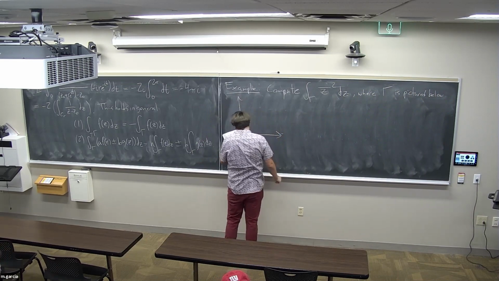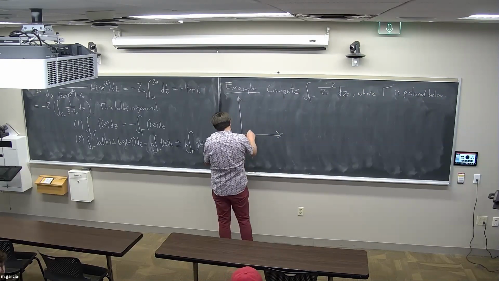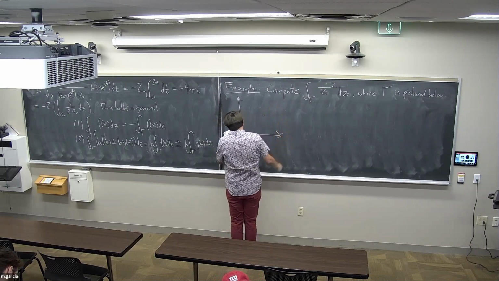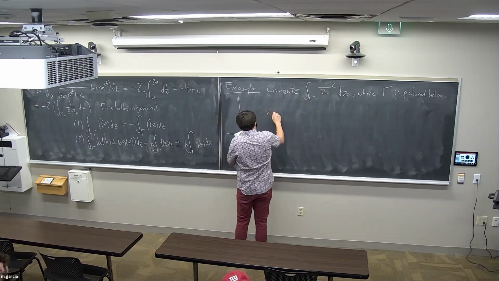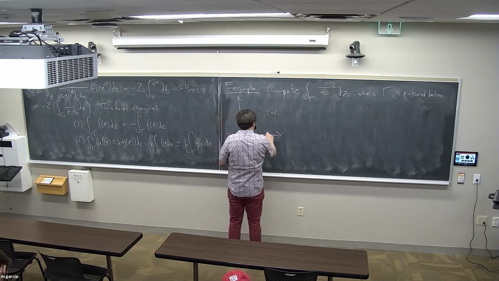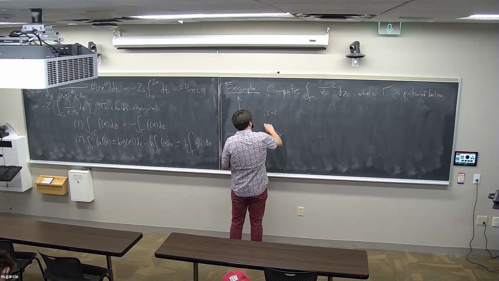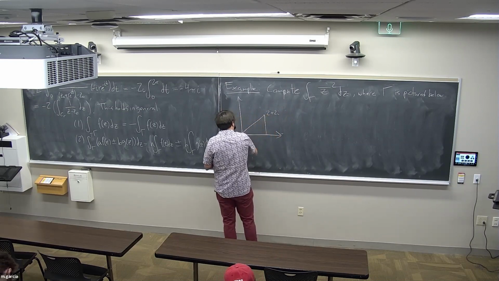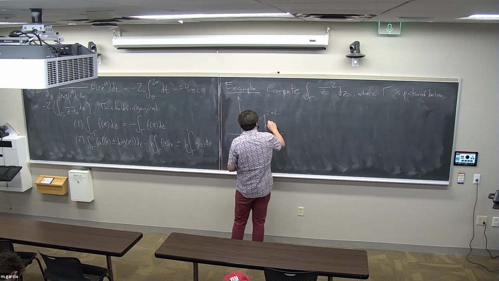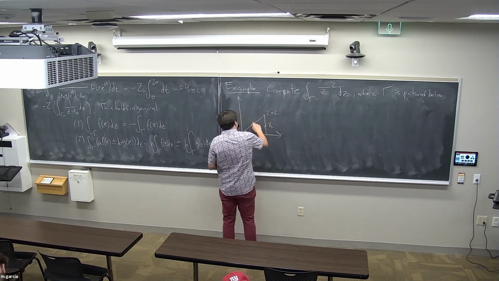Okay, and this is similar to some contour that we looked at before. We'll say this point here is 2 plus 2i. And this triangular contour breaks up into smooth directed curves, gamma 1, gamma 2, and gamma 3.